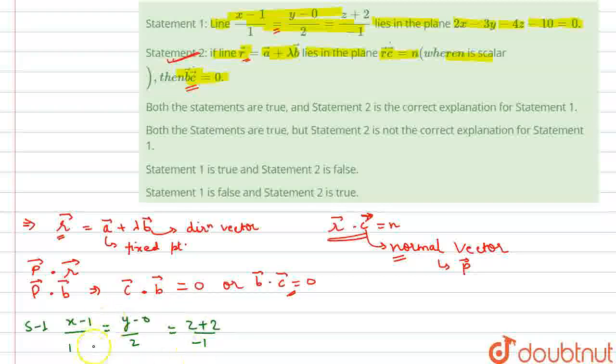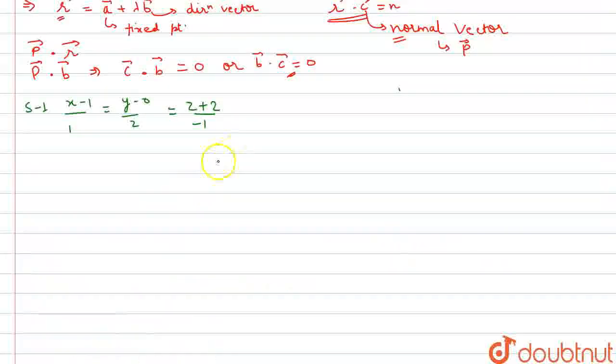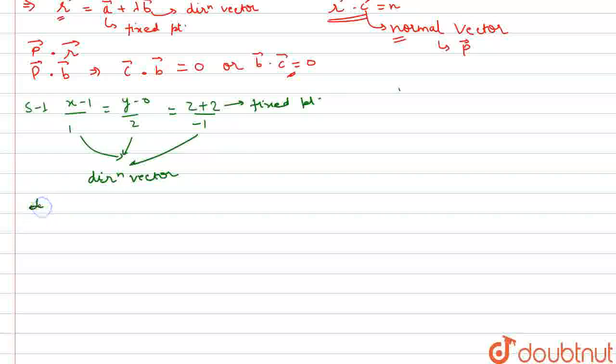In this type of vector representation of a line, the denominators represent the coordinates of the direction vector, and the numerators represent the fixed point. Therefore the direction vector, let d vector, comes to be i cap plus 2j cap minus k cap.